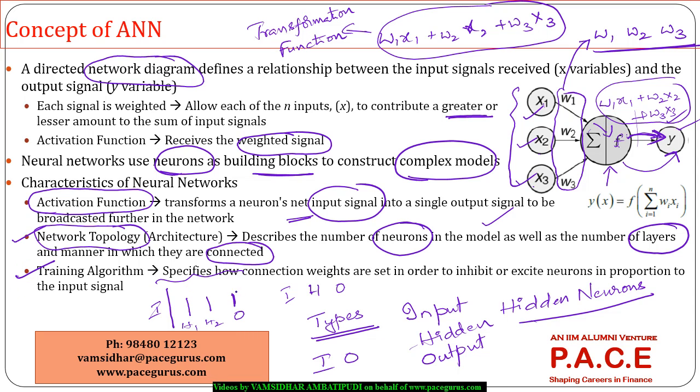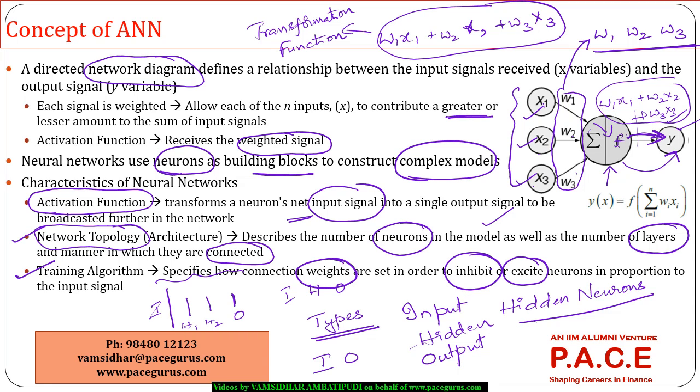Then we are talking about the training algorithm. Basically, how am I coming out with W1, W2, W3? How are the weights typically set? What is the way in which the weights for each of these input signals are provided, so that some neurons get excited or some neurons get inhibited in proportion to the input signal?